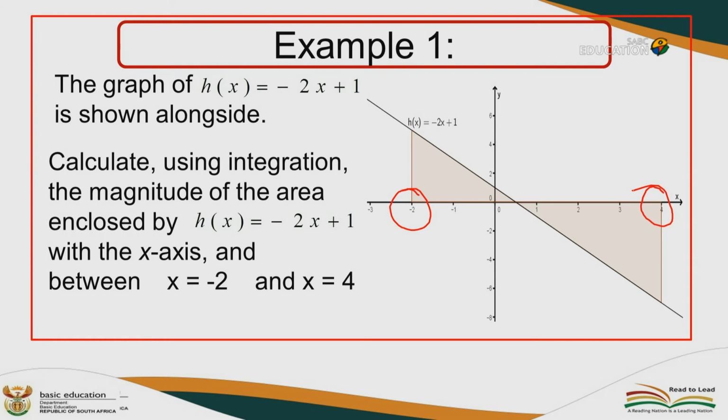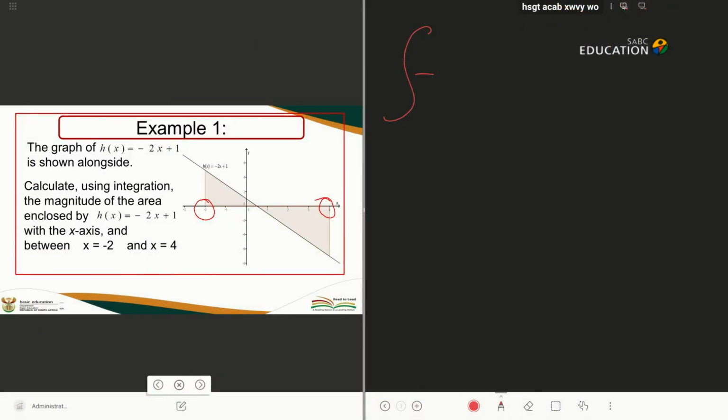Therefore, if we are to determine the area, firstly we put this information into integral form. This must be represented as the integral of negative 2x plus 1 dx, where your lower limit is negative 2 and your upper limit is 2. The second rule says you must integrate.